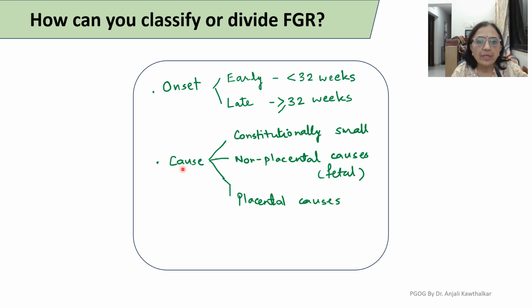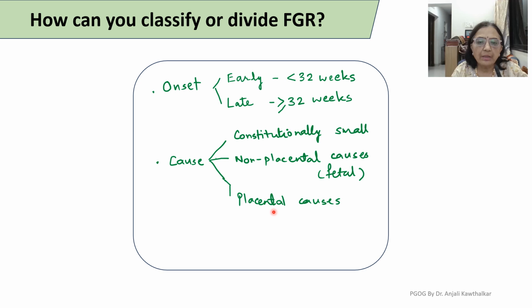Depending on cause also we can classify. One is constitutionally small or healthy babies, as I said earlier. That will be one group. The second group will be whenever there is a fetal growth restriction which is of non-placental cause. Mostly there will be a problem in the fetus, such as a chromosomal abnormality or congenital malformation. In these cases, the placenta is normal, and that is why that comes under non-placental causes.